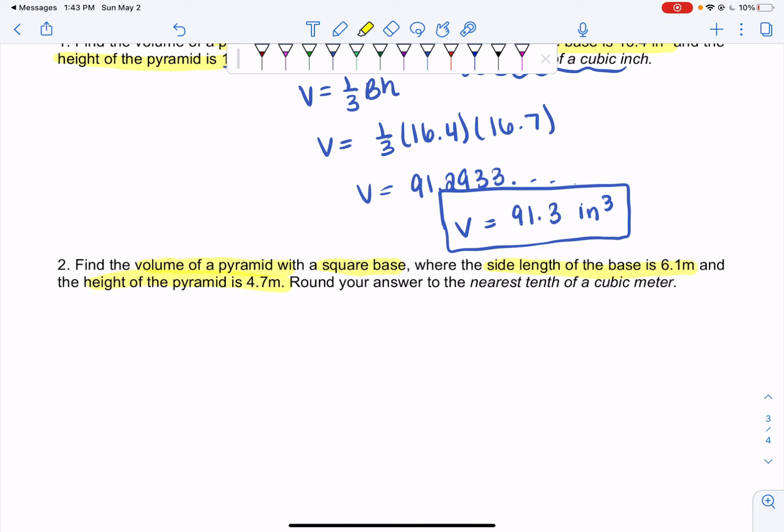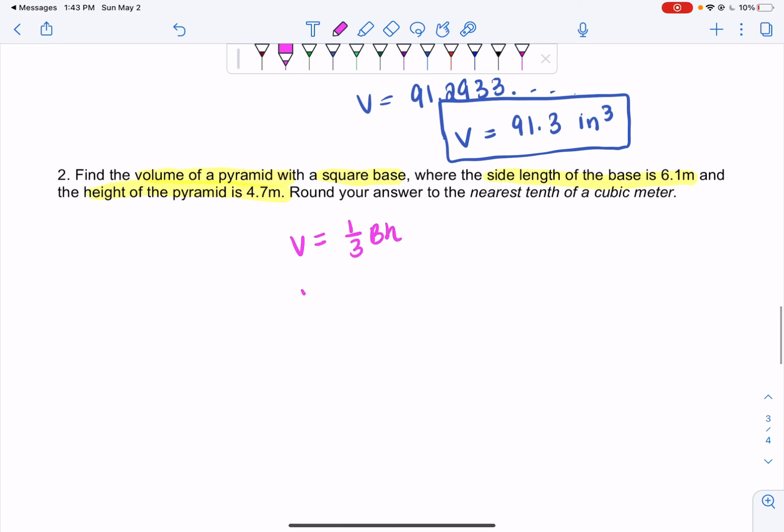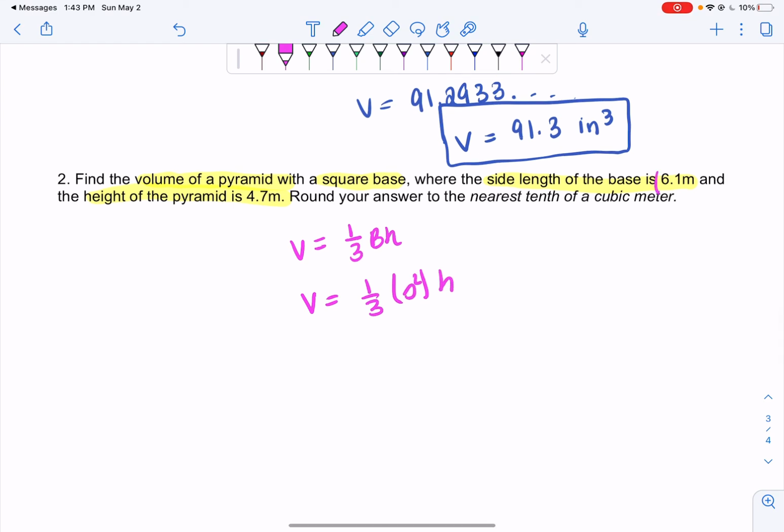So the first thing we're going to do is we're going to rewrite our formula. V equals 1/3 BH. We know the area formula for a square is just side squared. So I'm going to make that substitution for B. And now we know our side length of that square is 6.1. So I'm going to do 1/3 times 6.1 squared times the height of the pyramid, which is 4.7.